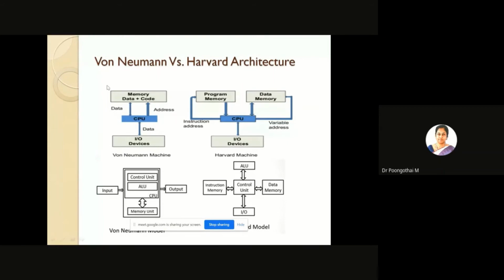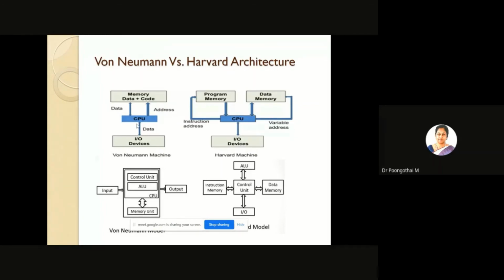In case of von Neumann, what does a von Neumann system or machine mean? The computer has a single storage, a single memory for storing data as well as the programs to be executed. So this memory holds both data and the code to be executed. Here, your processor needs 2 clock cycles to execute a single instruction.